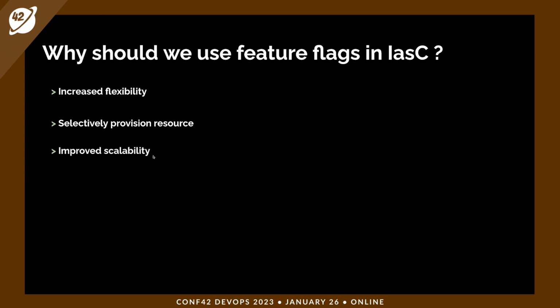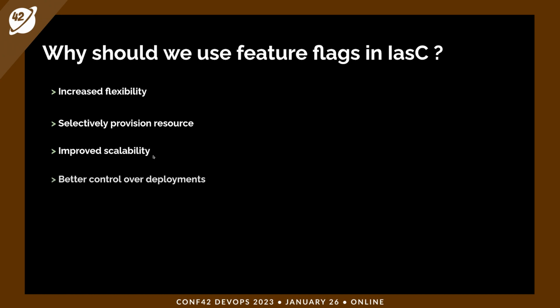Using feature flags in infrastructure as code helps to improve scalability. As we know, feature flags can be used to enable or disable certain features or functionality based on the current load on your infrastructure. What it does is allow us to scale infrastructure up or down as necessary without needing to make changes to the code, hence improving scalability in general.